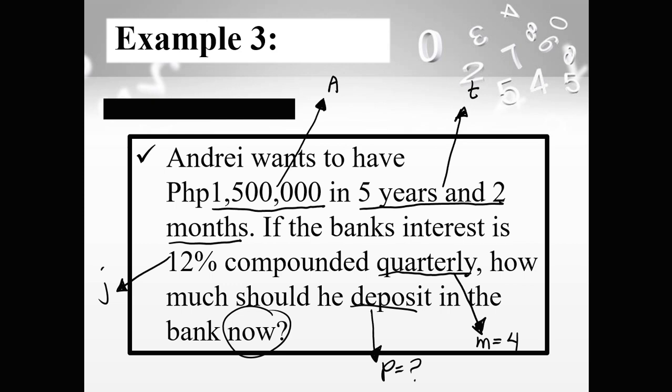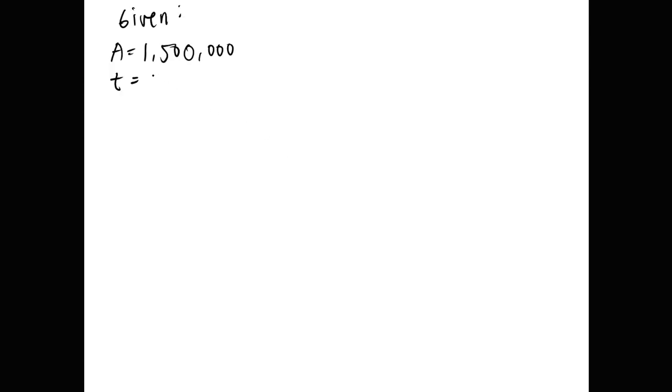So, given na po si 5 years, ano po ang gagawin natin doon sa butal niyang 2 months? So, doon po sa 2 months is i-divide nyo po yan sa 12. Okay? So, 2 divide by 12. Tapos, yung answer po doon is i-add nyo sa 5.